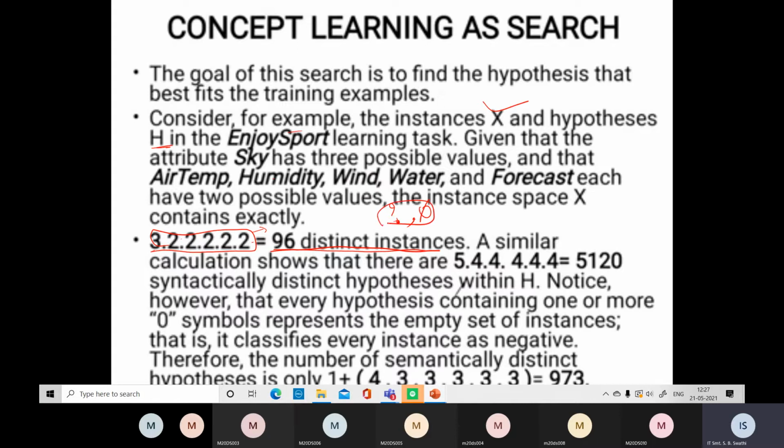So here, 3 is what in the first row? It has 3 values for sky. In addition to that, we are adding the question mark and null, meaning 3 plus 2. These 2 additional values are added to the first attribute's 3 and it becomes 5.